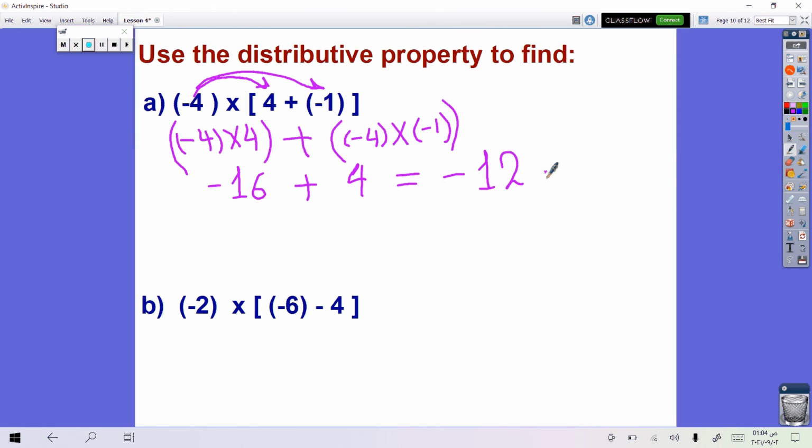The second one, negative 2 multiply negative 6 minus 4. In distributive property, you have to take this number which is outside the brackets and then multiply this number by each number inside the brackets, like this. So we will multiply negative 2 by negative 6.